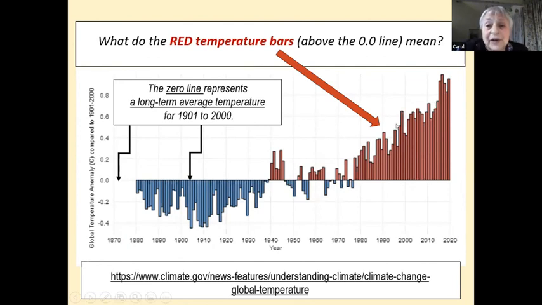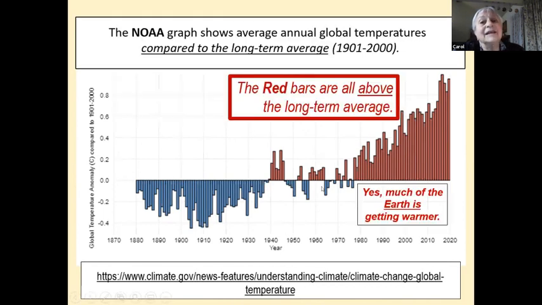But the red bars, they're all above the average. And are the above average temperatures in the past or in the present? The red bars are all above the long-term average.